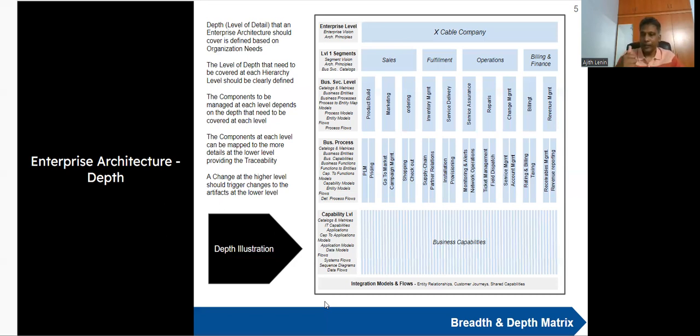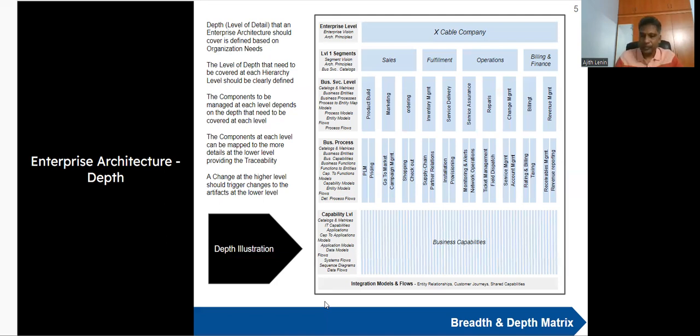So when we start at sales, at a high level, it's the sales process. When we go to the next level, we start capturing more details at the service level of sales, and then we can go further down into the individual process level and capture more detail. It's just hierarchical.